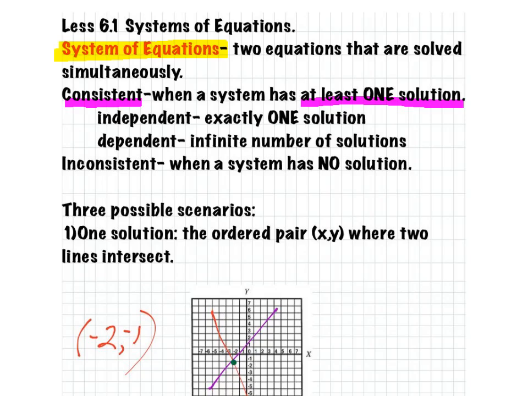It could be consistent, independent, which means it's exactly one solution, or dependent, where there's an infinite number of solutions. Or a system of equations may be inconsistent, where the system has no solution.